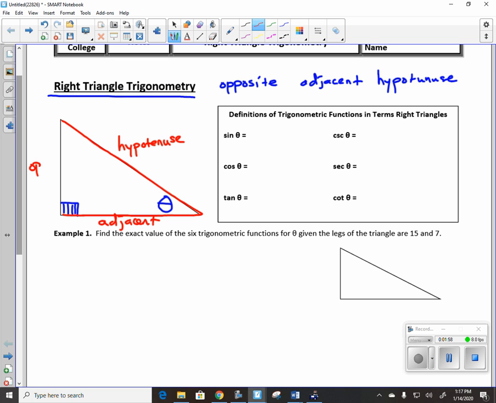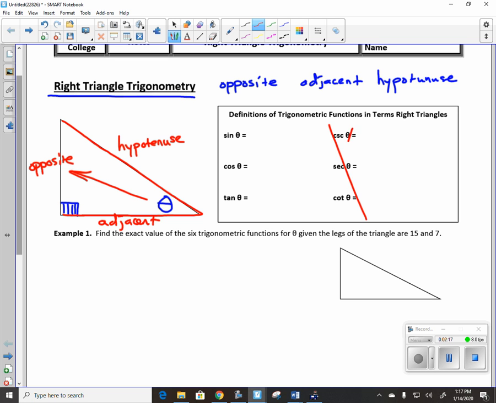The other side is opposite because it sits across from the angle. It sits on the other side of the angle. That's how we determine opposite, adjacent, and hypotenuse.